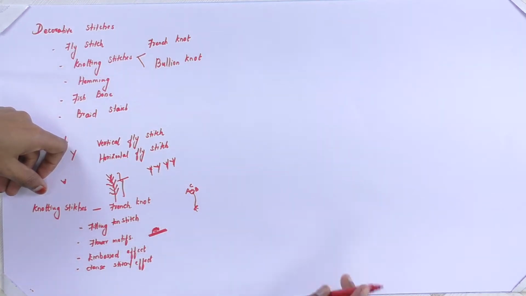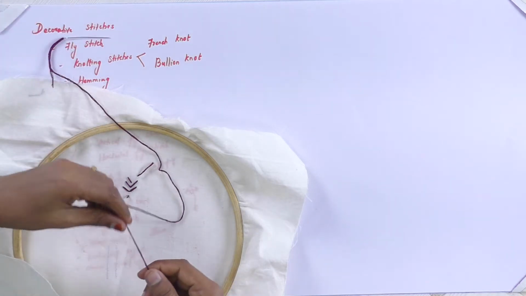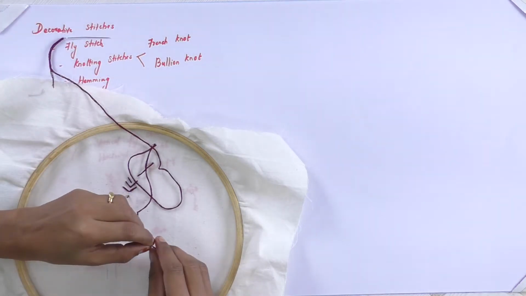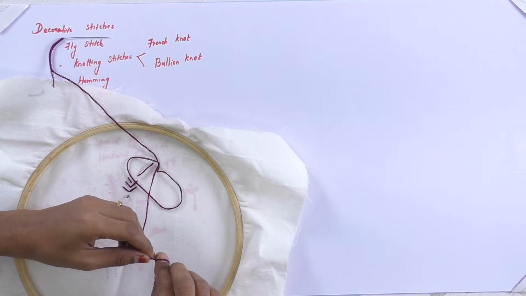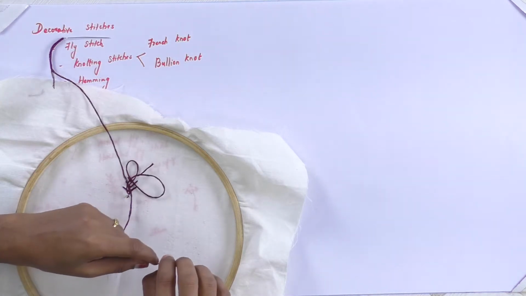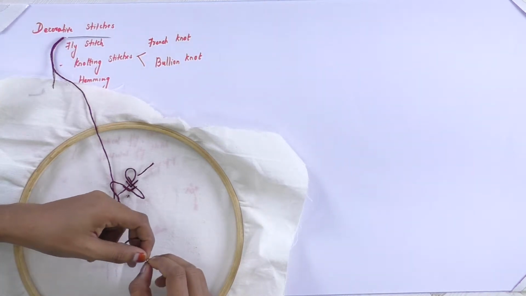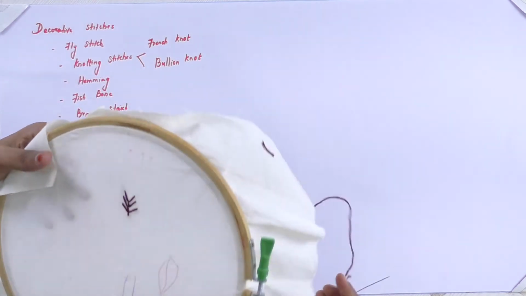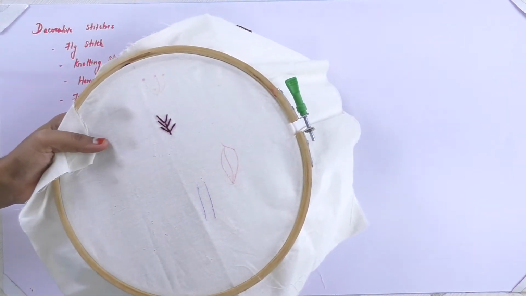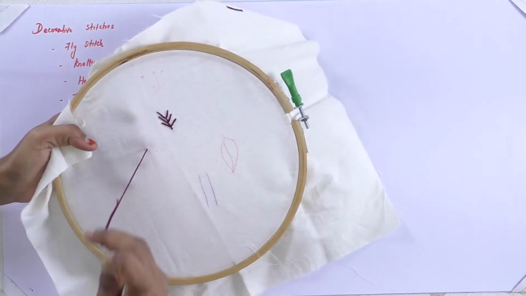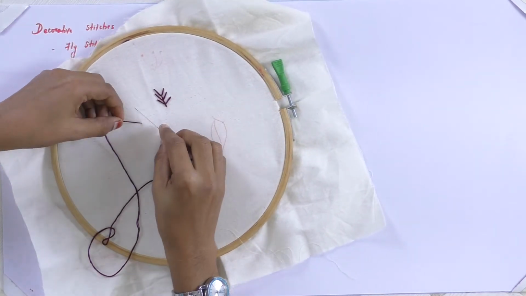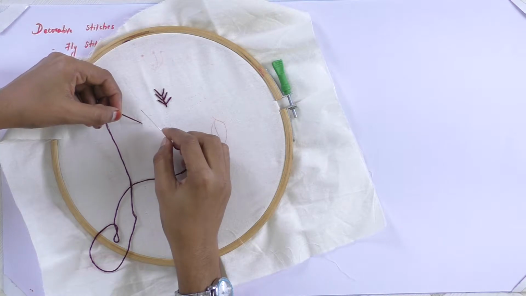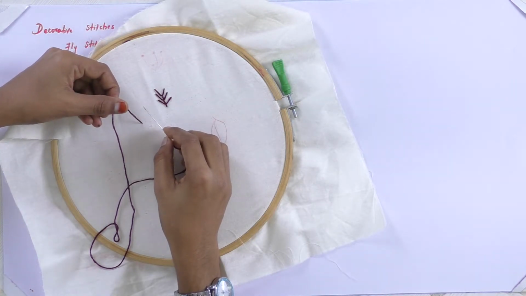I will now demonstrate how to do the French knot. Also it is advisable to knot your thread at the end for doing these French knots. You will understand why I am asking you to do this particularly for these knotting stitches. For doing these French knots, you are supposed to wrap your threads around your needle twice or thrice, right?